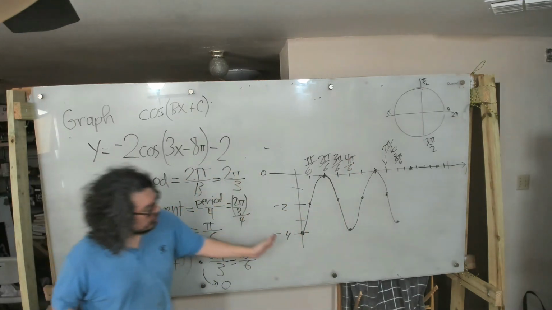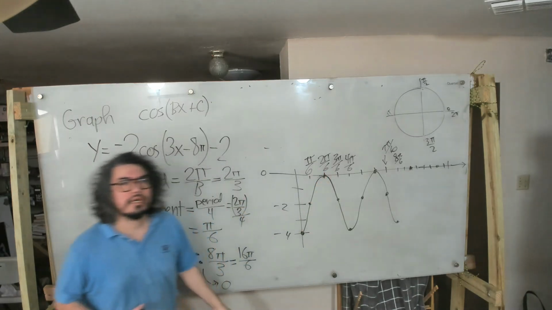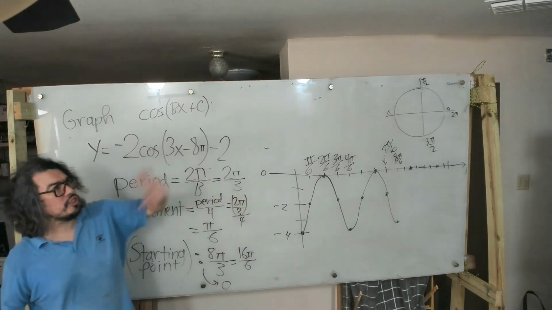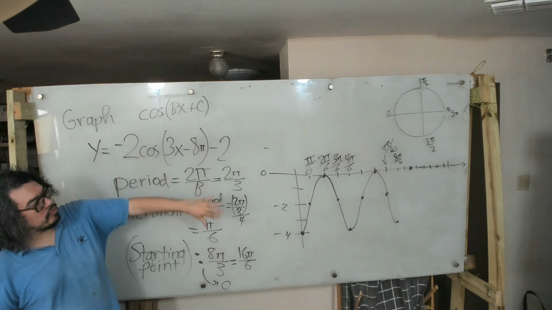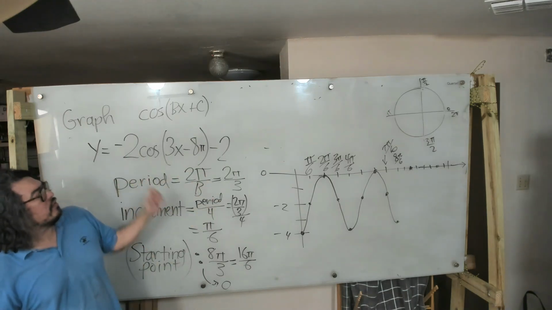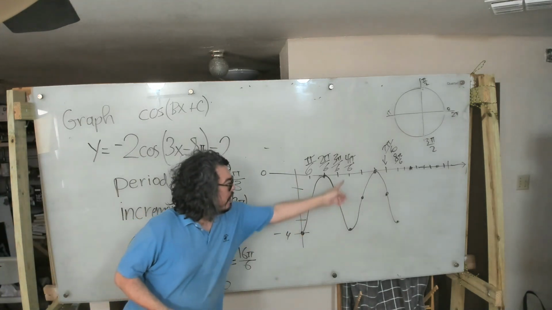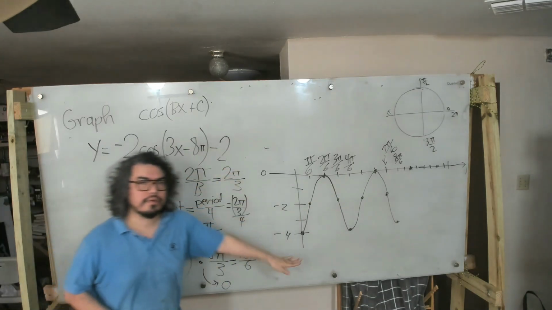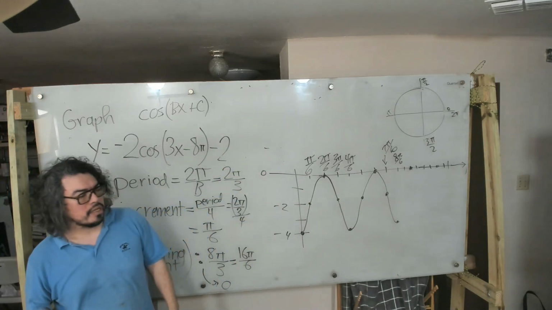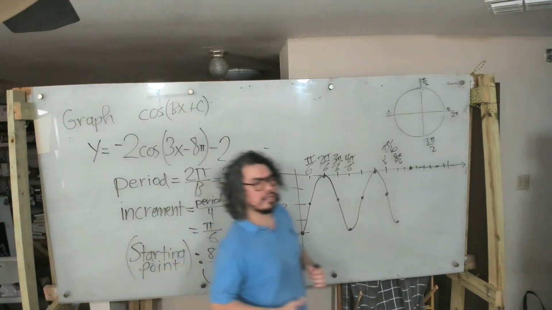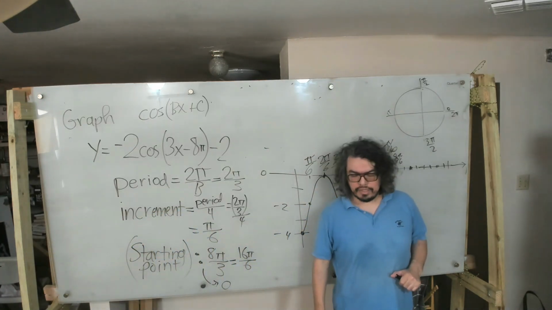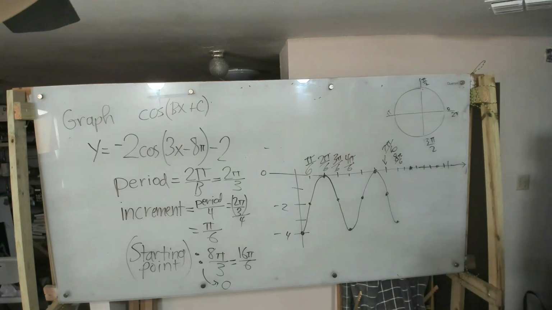And we just follow the pattern of the cosine. In this case, as we mentioned before, because this was negative, it's flipped over. If this had been positive, it would have followed the normal pattern of starting at the top and going like that. I hope you've enjoyed this example, and thank you so much.